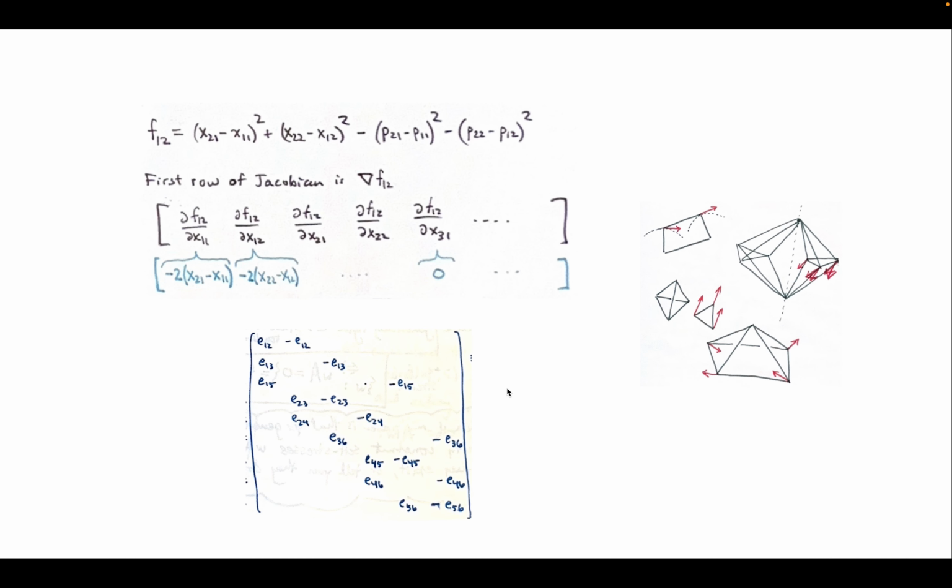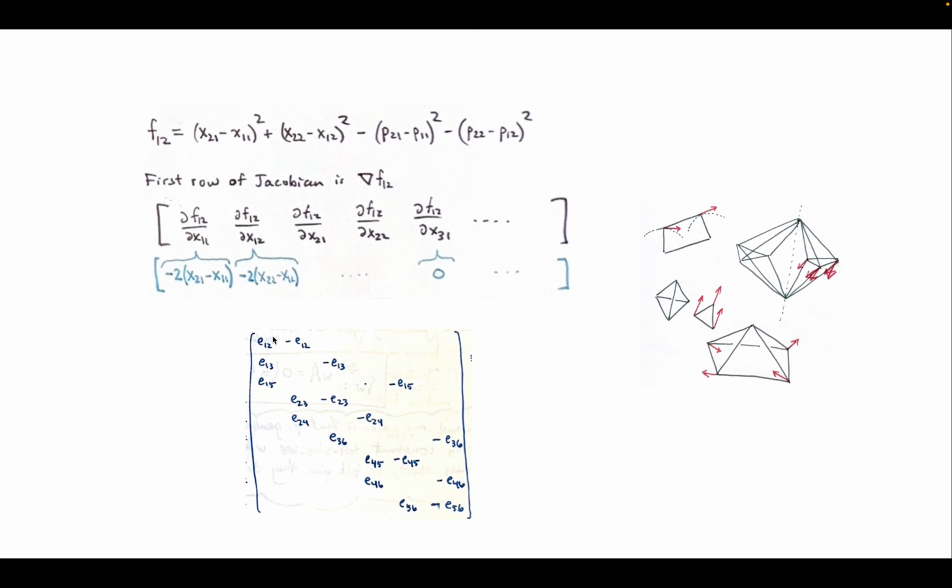And let's just look at the Jacobian in a little bit more detail. Remember, here's the edge length, edge 1, 2 equation. If we take the partials, what you see is the 2 comes down, and there's a minus sign. And if we ignore that, we see that these first 2 coordinates are really the edge vector e1,2. I think technically they're negative e1,2 multiplied by 2, but let's just ignore that.